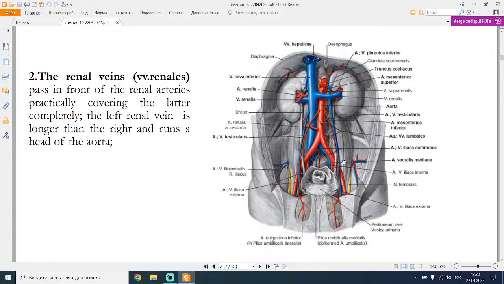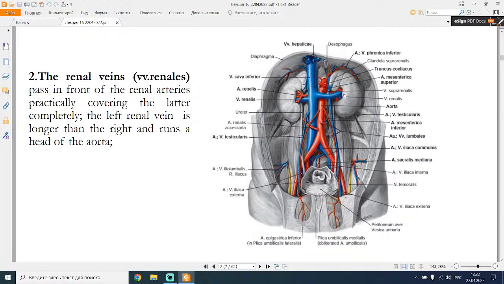The renal vein, vena renalis, sinistra and dextra. The renal veins pass in front of the renal artery, practically covering the latter completely.